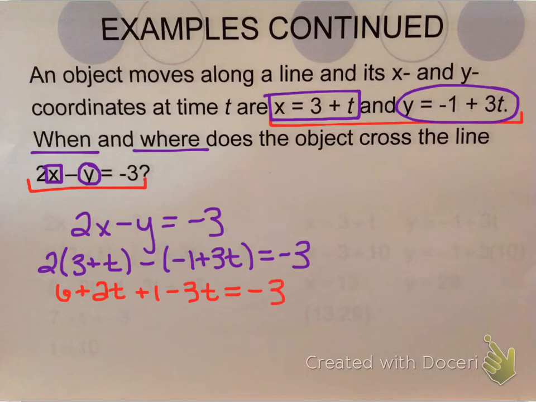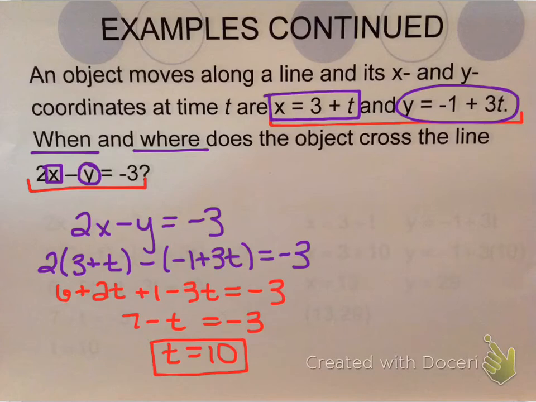When we combine our like terms, we end up with 7 minus t is equal to negative 3. And so ultimately we end up with t is equal to 10. Now they didn't give us a unit in time, but if we're using the analogy of the runner crossing the finish line, we'll assume it would have been in seconds. But at time equals 10, that is when the moving object crosses the fixed line.